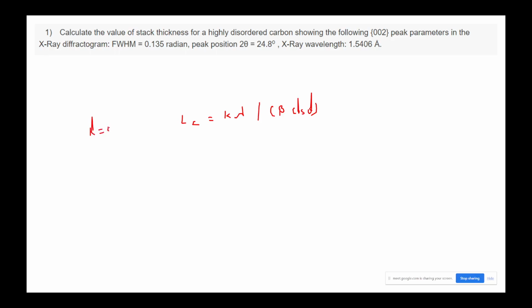K is around 0.9. So you have to put 0.9 multiplied by lambda, which is 1.5406, divided by beta, which is given in radian, 0.135, into cos 2 theta.